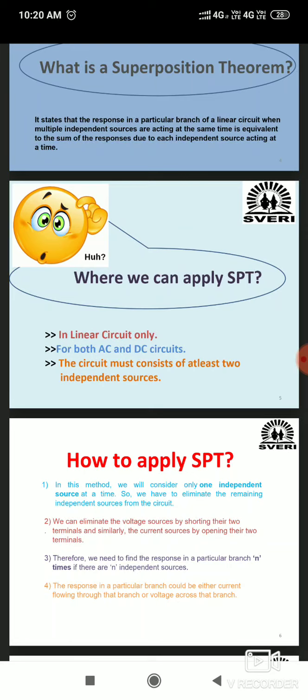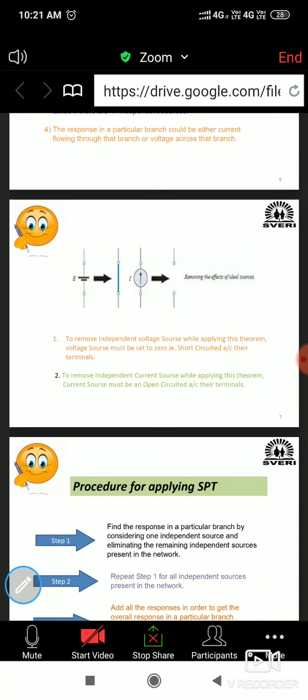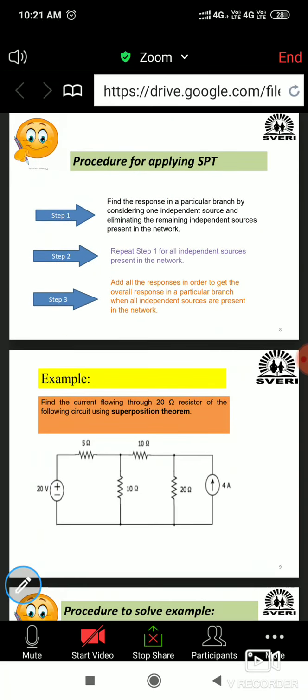Do you understand? So the next point we will discuss in the next lecture, that is how to apply the superposition theorem, because if I give it today you will get more confused. In the next lecture we will discuss the steps, and how to replace voltage sources by short circuit and current sources by open circuit. Along with that we will solve one example, which is given here.